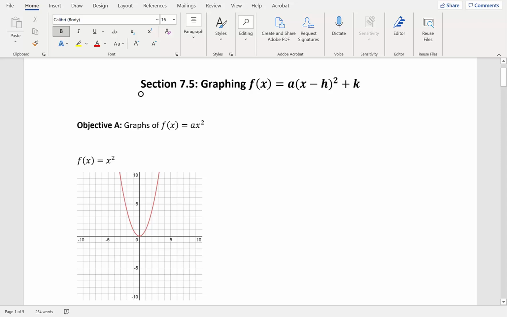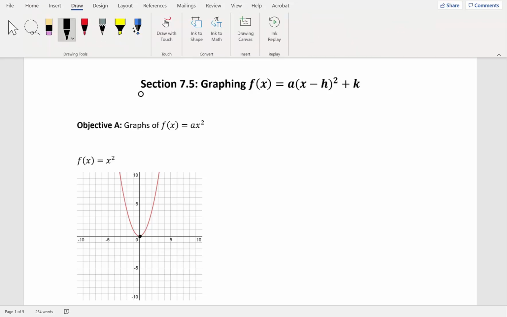Now, when we have the function f of x equals x squared, this is a parabola shape. With this parabola, this point that's in the very middle has a special name. This is called the vertex. And additionally, with parabolas, we have this vertical line. This is called the axis of symmetry.